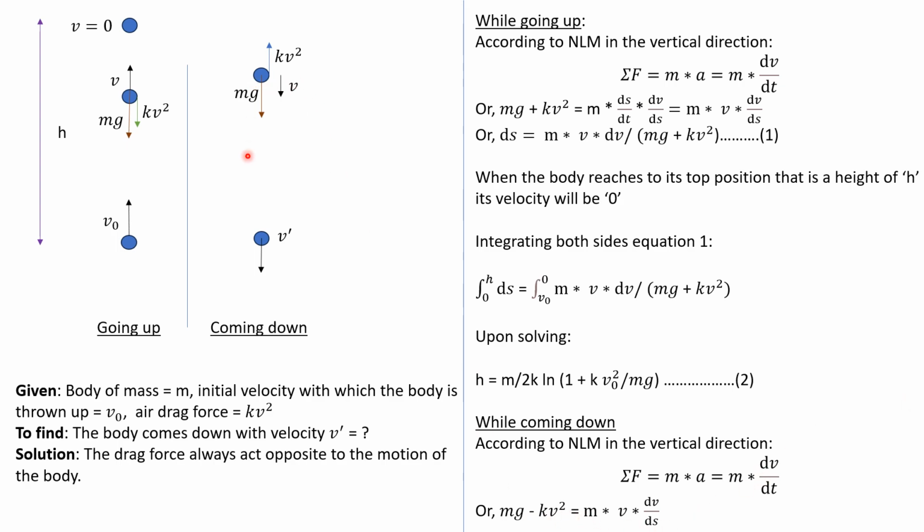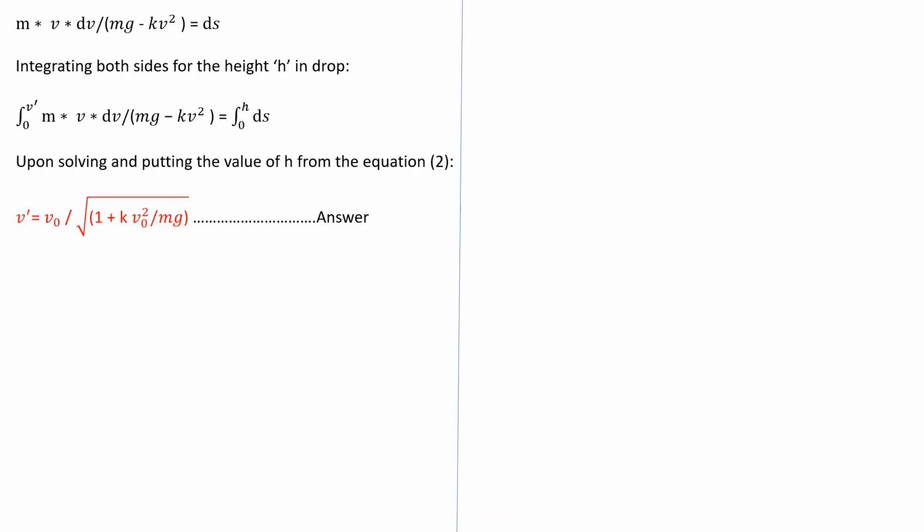While coming down, mg will be the gravitational force, and kv square will be in the opposite direction because it is a drag force acting opposite to the motion of the body. Simplifying the equation, we reach m v dv.